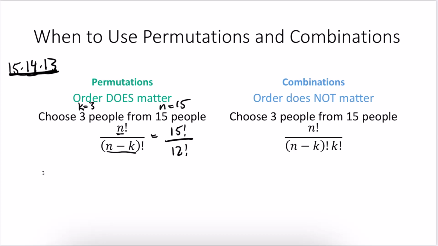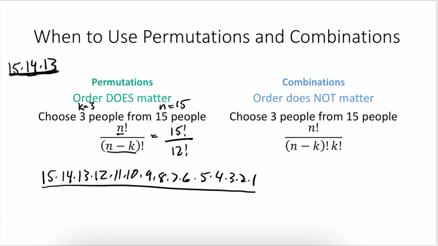If we write out the calculation, we'd have 15 times 14 times 13 times 12 times 11 times 10 times 9 times 8 times 7 times 6 times 5 times 4 times 3 times 2 times 1. That would be 15 factorial. Then 12 factorial would be 12 times 11 times 10 times 9 times 8 times 7 times 6 times 5 times 4 times 3 times 2 times 1. This is how you would calculate the permutation formula.